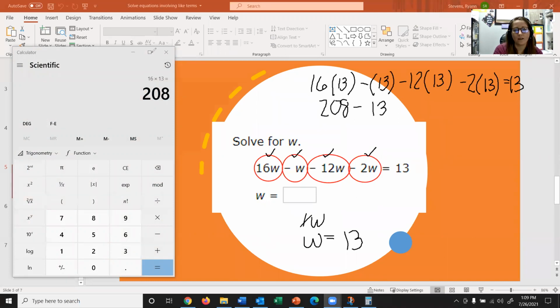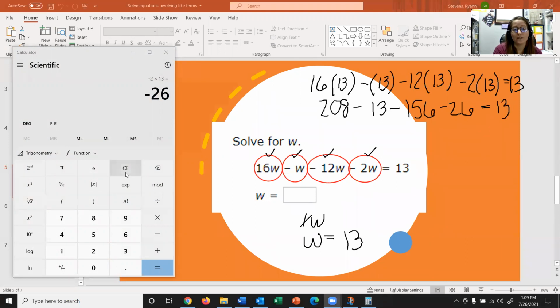Then we're going to check negative 12 times 13, which will give us a negative 156. So we're subtracting 156. And then negative 2 times 13 will give us negative 26. And this should all be equal to 13.